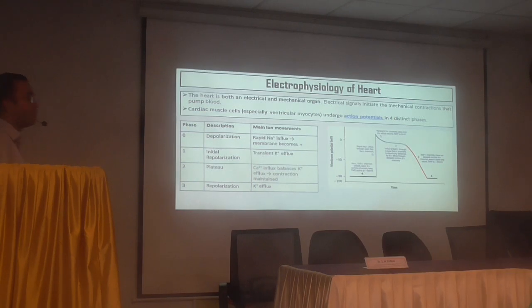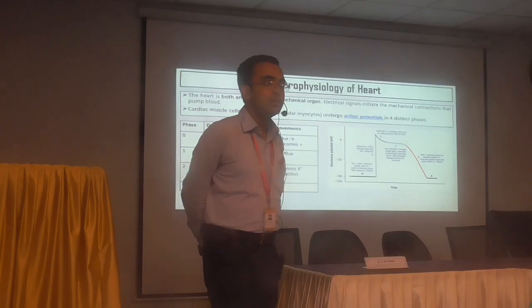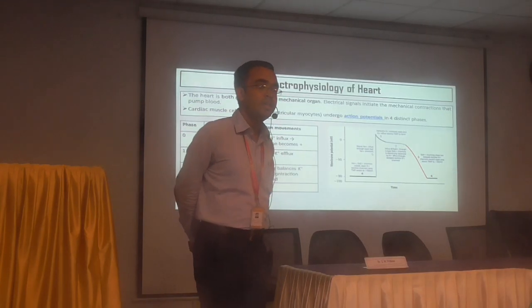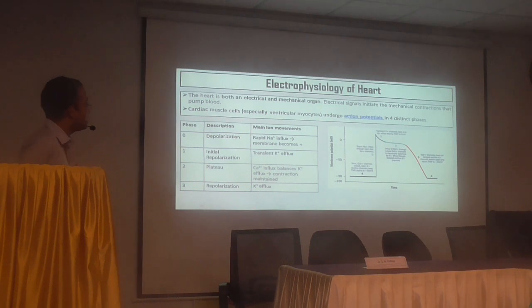So that is the electrophysiology. As I told earlier, in the membrane of the cardiomyocyte, several voltage-gated ion channels are there. First, the sodium influx takes place, which is denoted as depolarization.